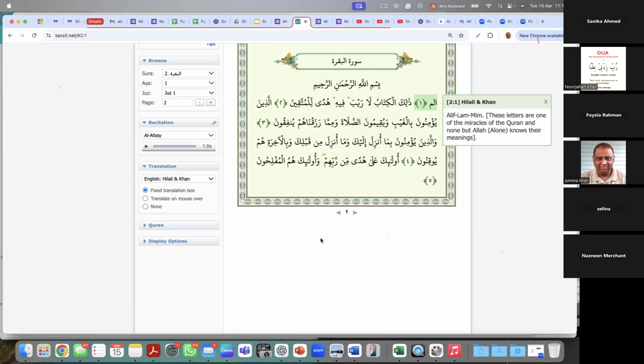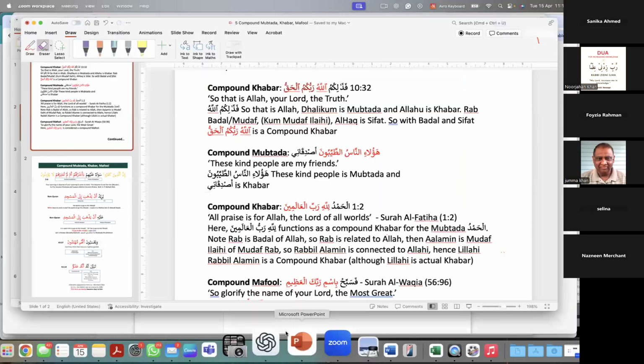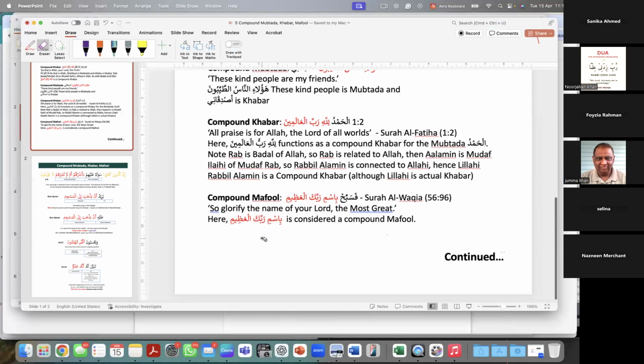Can you hear me? There was a noise coming and then the noise went. Okay. So we are on this page. I think with Rabbul Alamin we have established the connection.